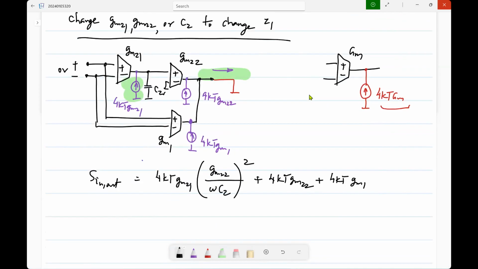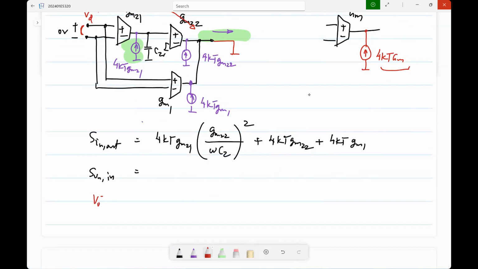Now, if you want to refer it to the input, what do you have to do? Basically, first you have to find the transfer function from this voltage Vd to the output current, because we took the current as the output, it is simpler, right? So, what is the transfer function from that voltage to the output current? It would be gm1 plus gm21 gm22 by sC2, right?